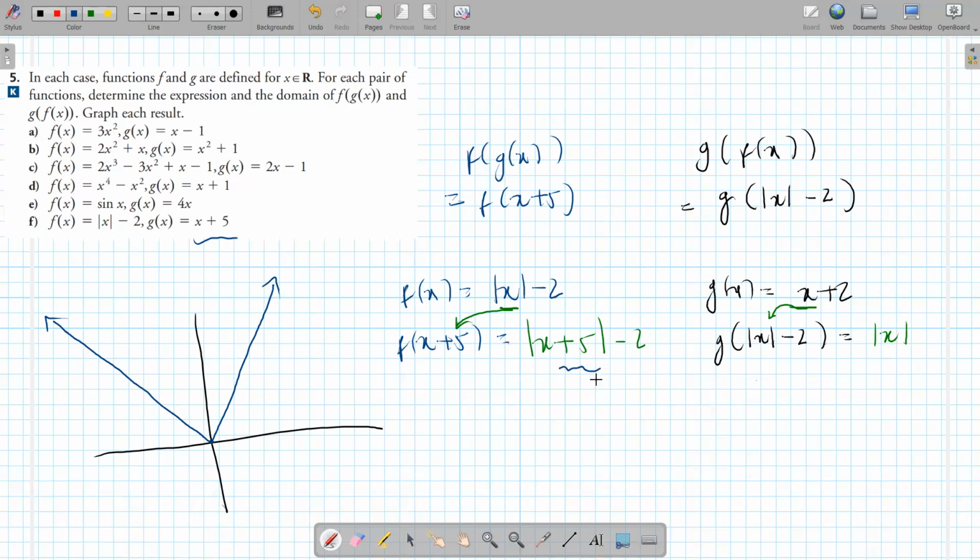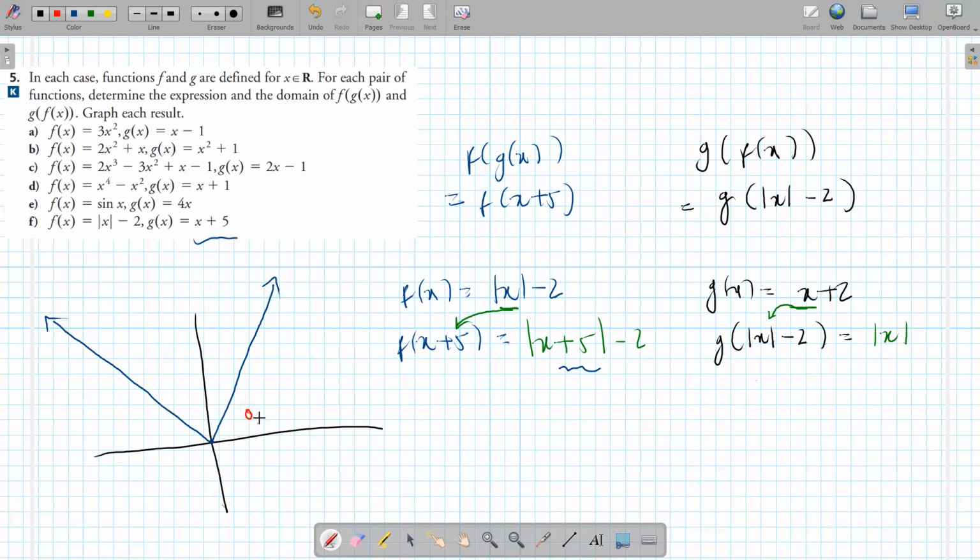The plus 5 doesn't move it left, right, up, or down? It's inside the function. It moves it left. Yes. The minus 2, left, right, up, or down? Down.